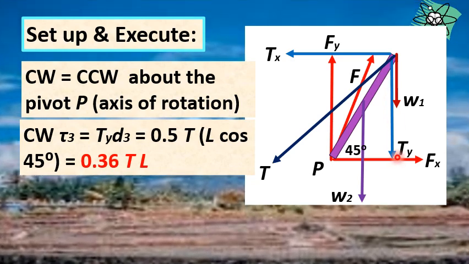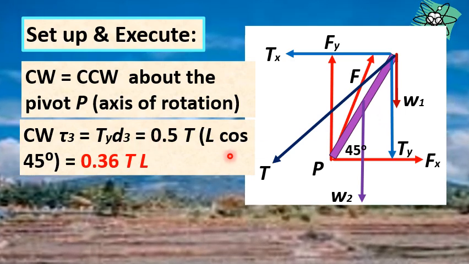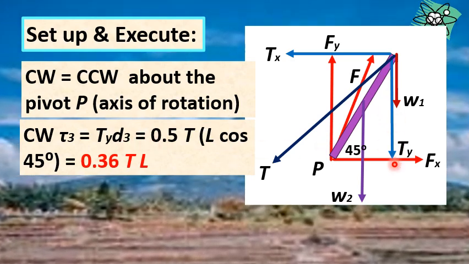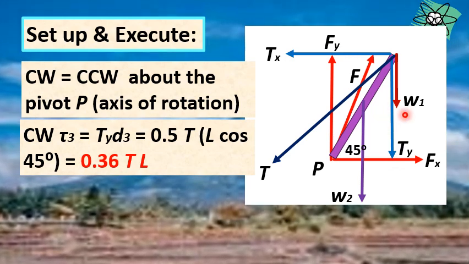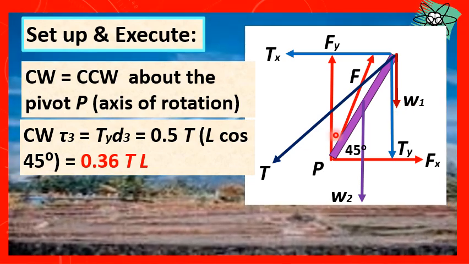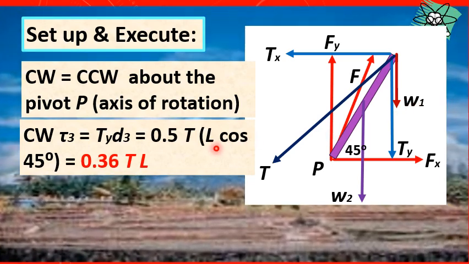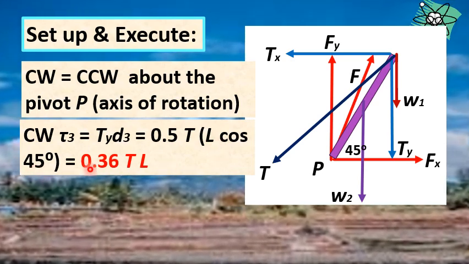So the moment arm d sub 3 is just the same as the moment arm that we use for torque number 1, equal to the length L times the cosine of 45 degrees.